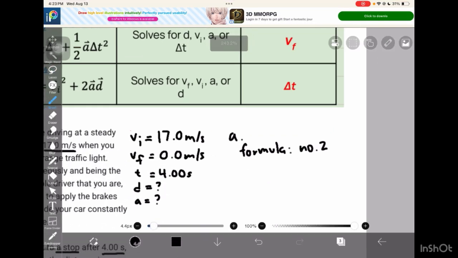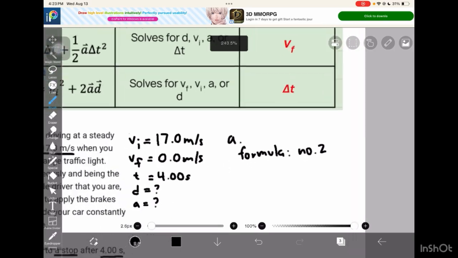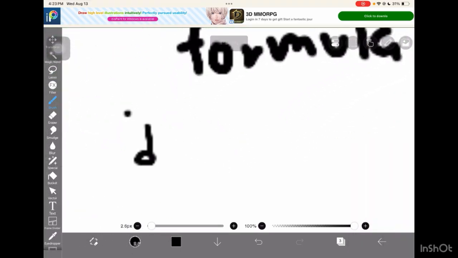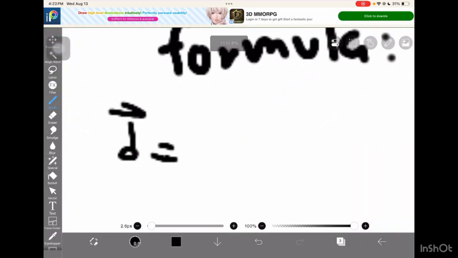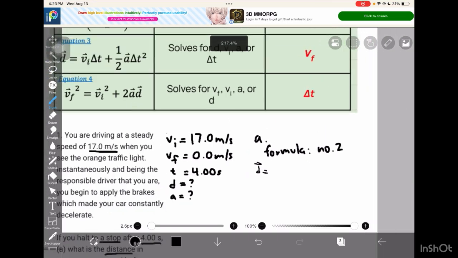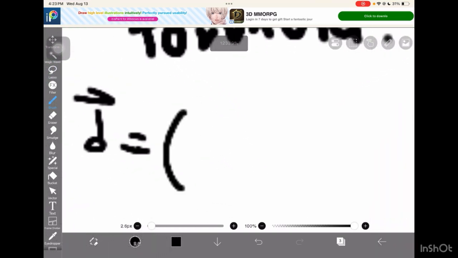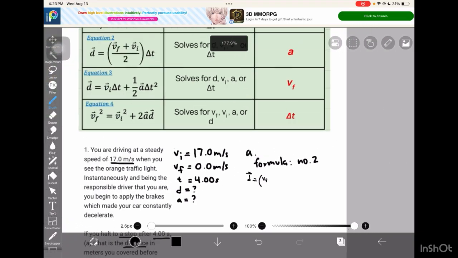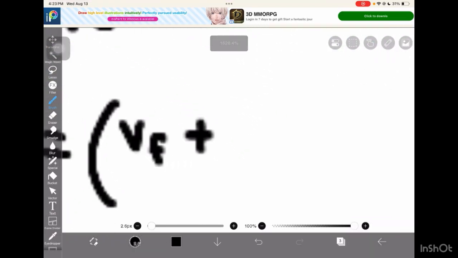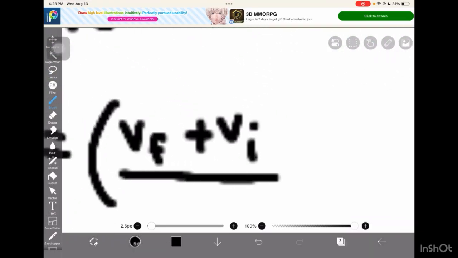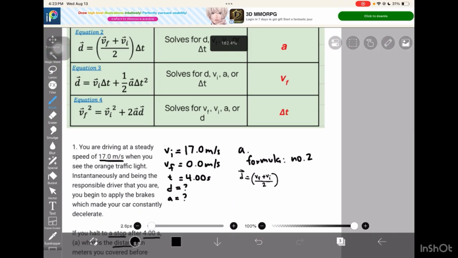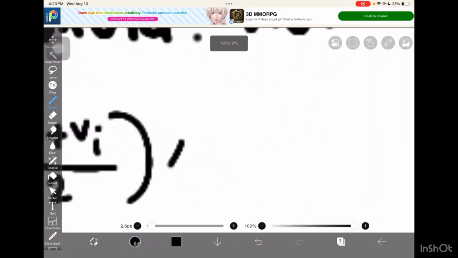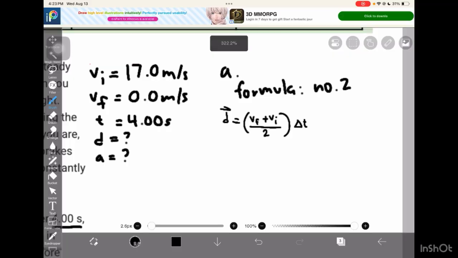So let me just make my pen a bit thinner. That's displacement is equal to v sub f plus v sub I over 2 in parentheses delta t. Let's substitute.